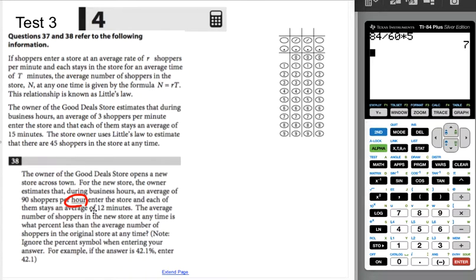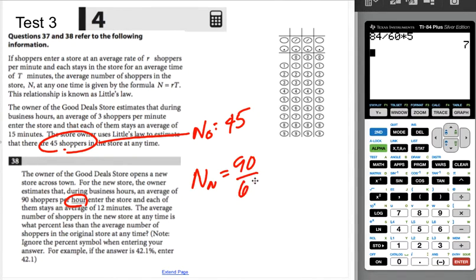All right, so essentially what we need to do is we know the N for the old store, right? So this was our N for the old store. I'll just call that N sub 0, or N naught, for the old store. And then N new, the new store, is going to be the 90 shoppers per hour, which would be 60 minutes, times the 12 minutes that they spend there.